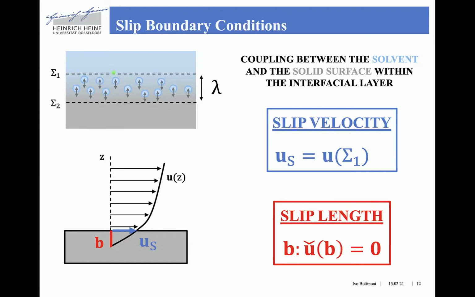On the other hand, we can also define the slip length, which is the depth at which the extrapolated flow profile goes down to 0, as shown in this illustration. Obviously, both the slip velocity and the slip length are 0 if we are considering a no-slip boundary condition.